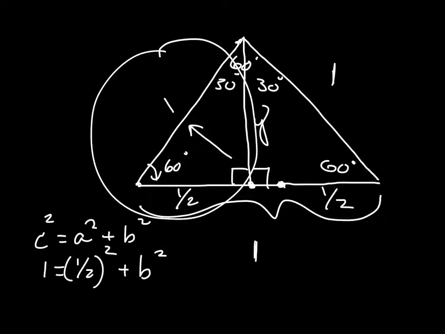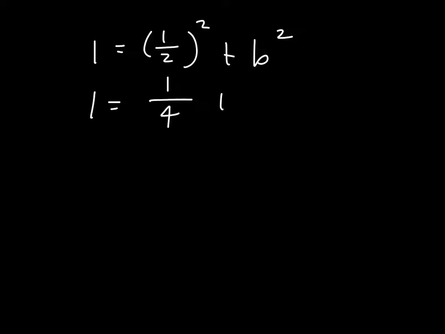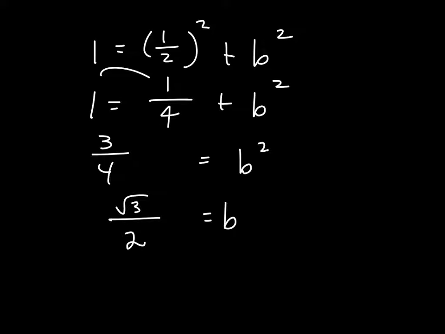So let's look at the math on that. 1 is equal to 1/2 squared, which is 1/4, plus b squared. b squared equals 1 minus 1/4, which is 3/4. Take the square root of both sides, I would have square root of 3 over 2.